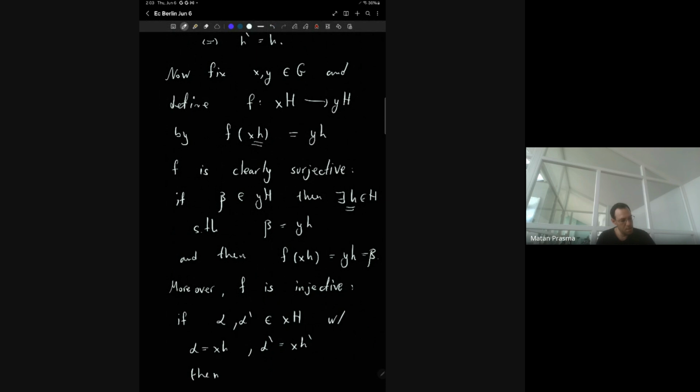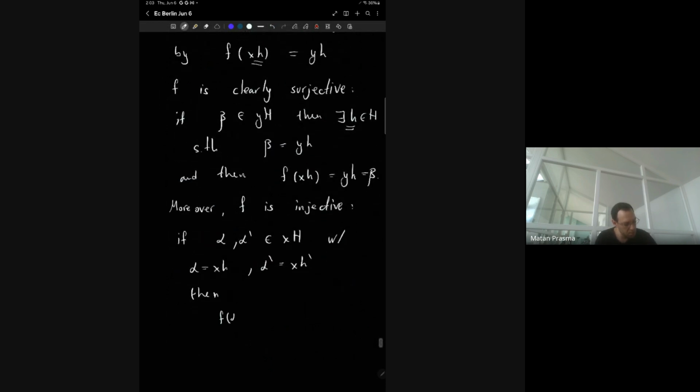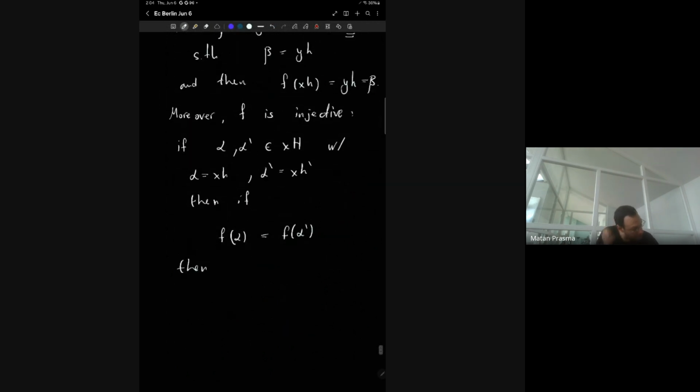Let's put it like this. If f of alpha is equal to f of alpha prime, then by definition of f, it means that yh is equal to yh prime. Right?